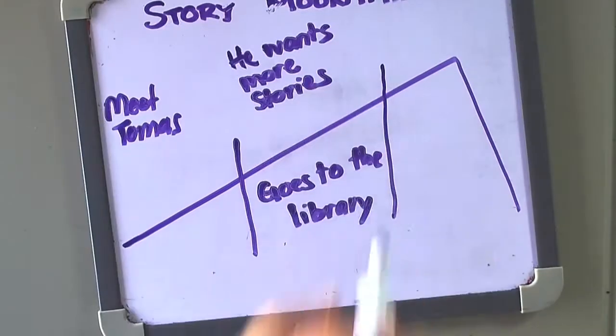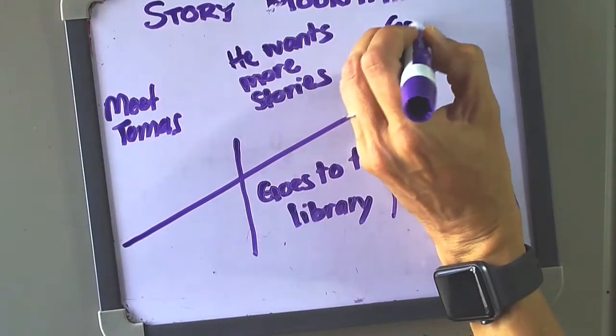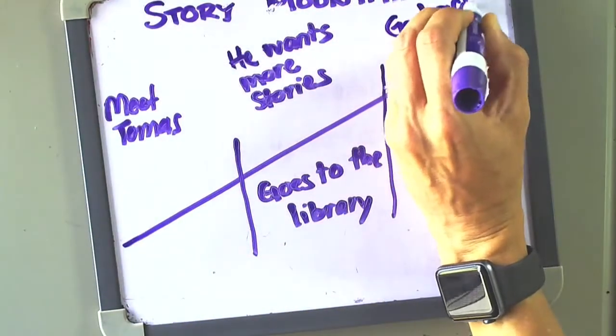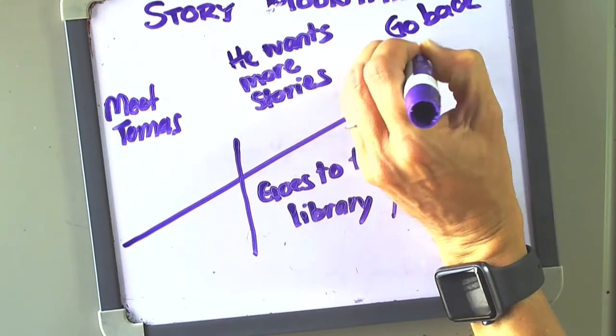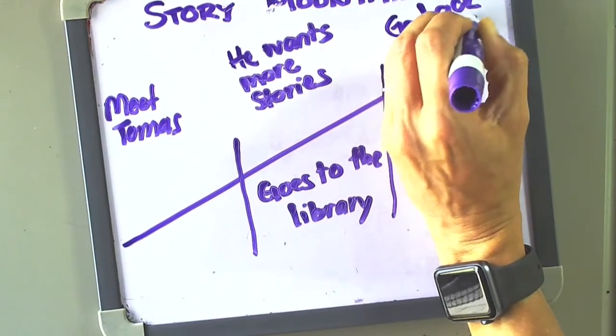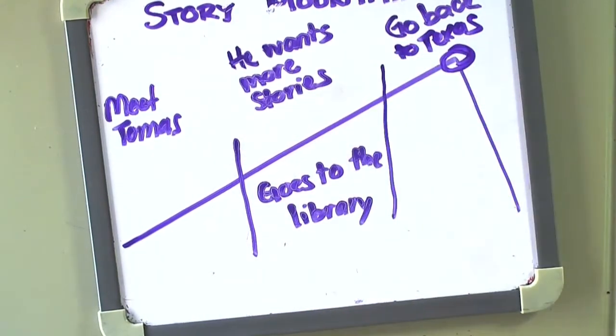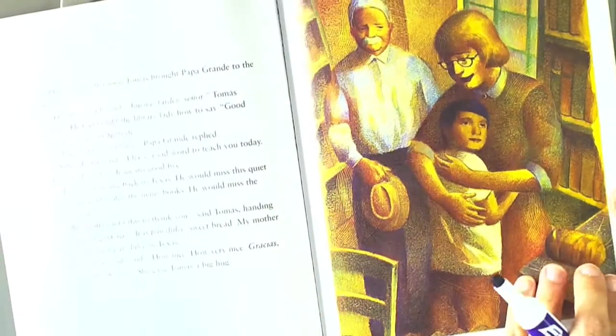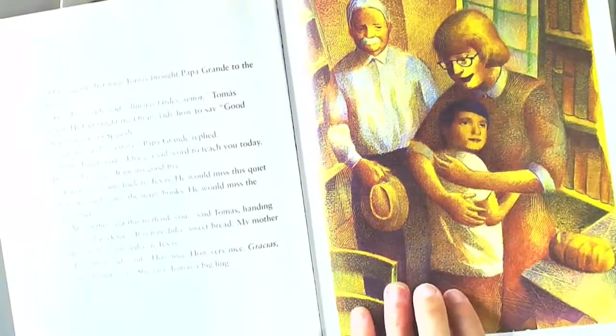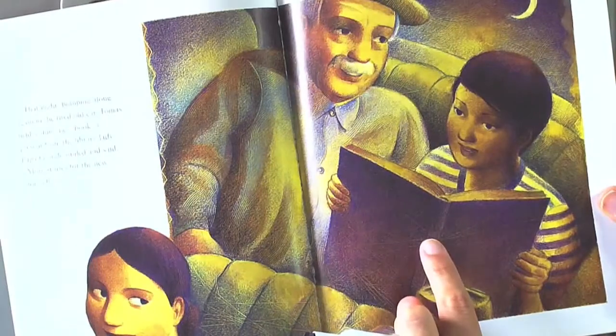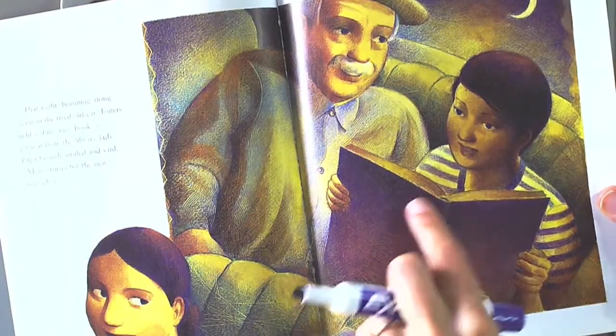So that's kind of the big problem here. Go back to Texas. Right? How is he going to continue his love of books? And then the library lady gives him his own special book that he can take with him.